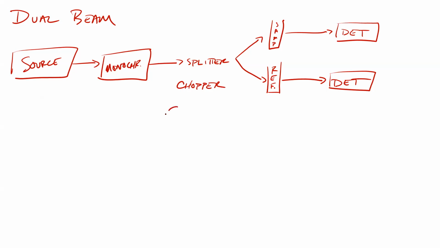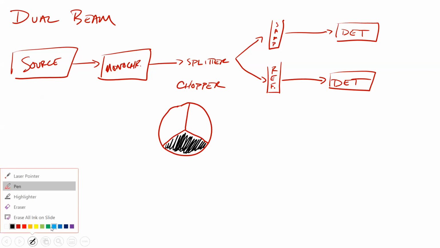because it's this wheel that has three sections. One section is blacked out so that there's no light that goes through. That helps us sort of zero our detector. Right? One is a, what color is a mirror?